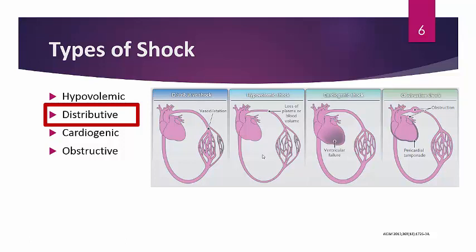In terms of cardiogenic shock, it is the pump that is the problem, or the heart that's the problem. And that's actually going to be a topic we talk about whenever we talk about decompensated heart failure. But let's put that on the back burner for just a little bit, because today's topic is distributive shock, which is essentially a vascular tone problem, resulting in vasodilation and hypotension as a result of that.